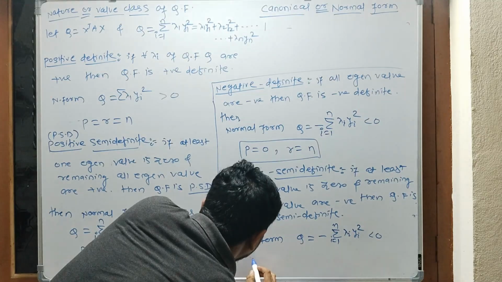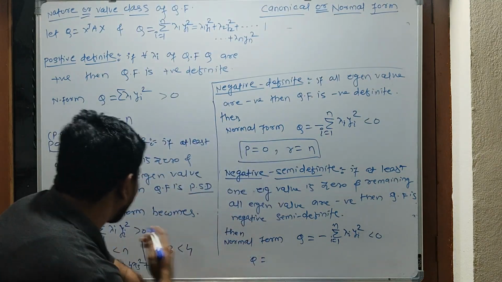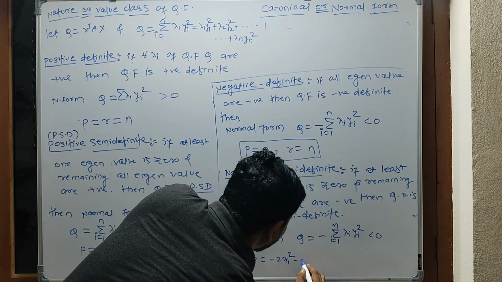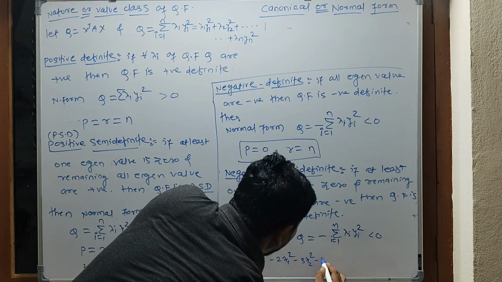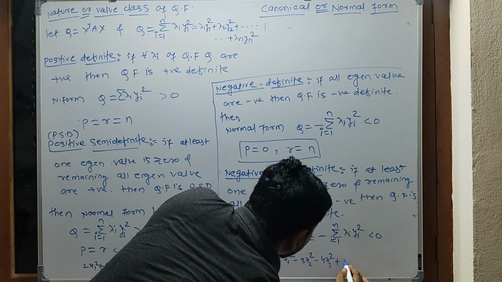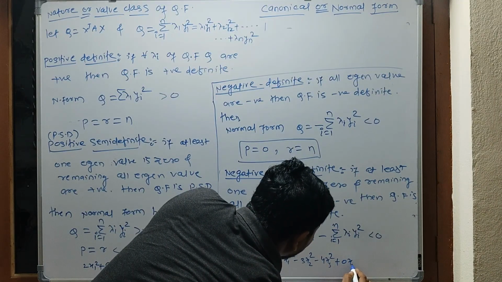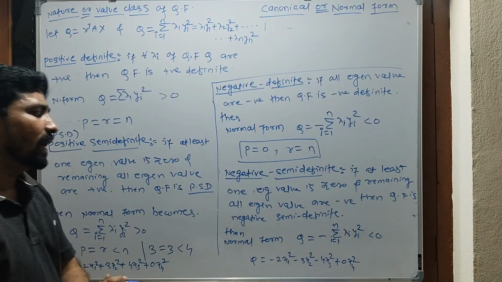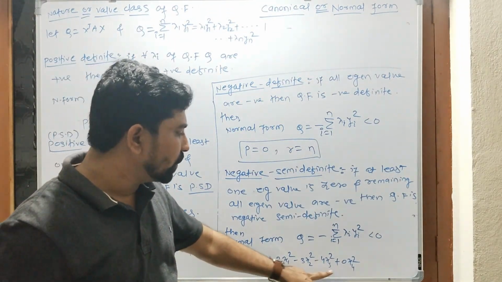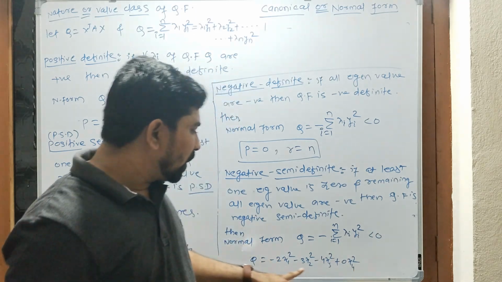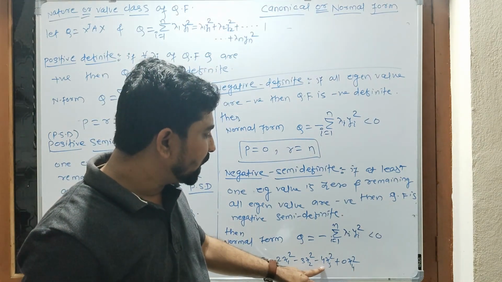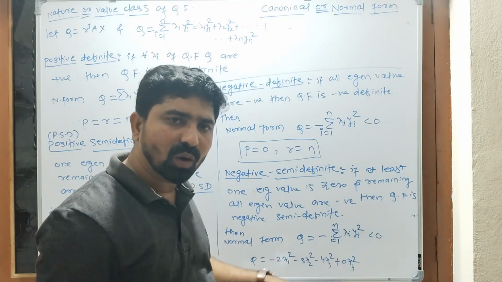For example, can I write q equal to minus 2x1 square minus 3x2 square minus 4x3 square plus 0x4 square. Let's say this is the quadratic form in 4 unknowns, x1, x2, x3, x4. So 4 unknowns means 4 eigenvalues: minus 2, minus 3, minus 4, 0 are the eigenvalues of this quadratic form.